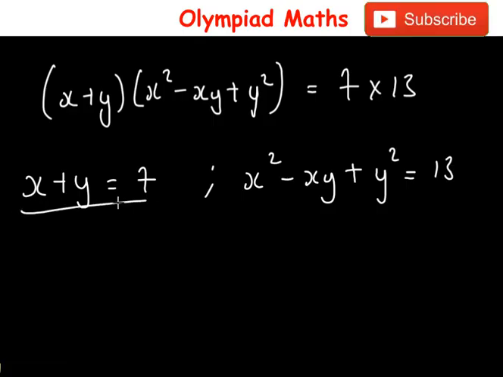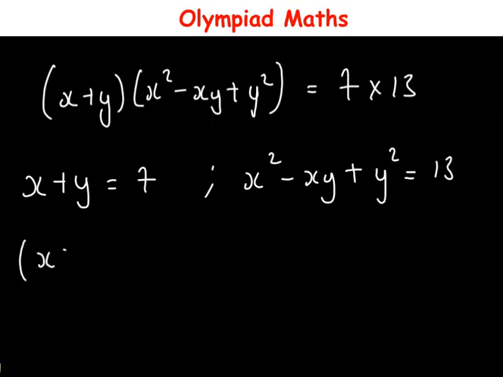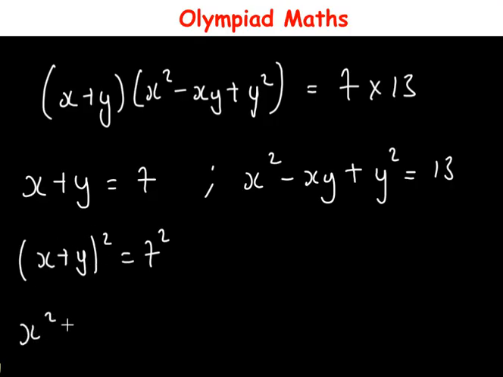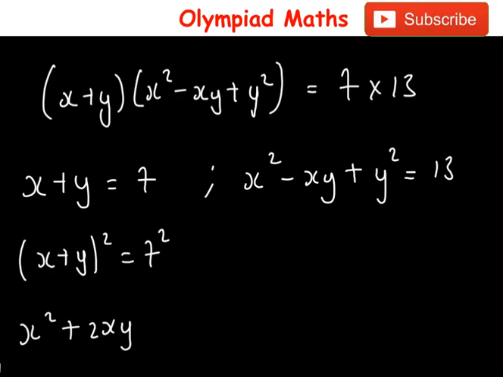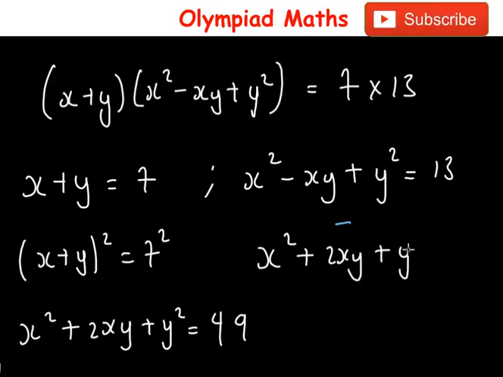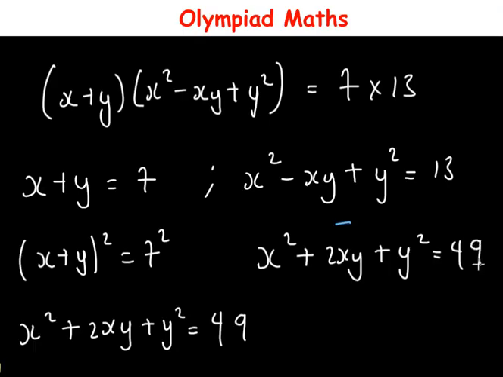So if we square this equation, we have in brackets x plus y all squared equals 7 squared. X plus y squared is simply x squared plus 2xy plus y squared. This equals 7 squared, which is 49. And from here, if we subtract this equation from this right here, we have x squared plus 2xy plus y squared equals 49.